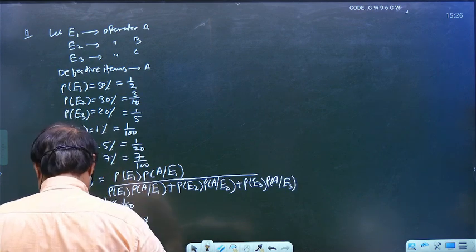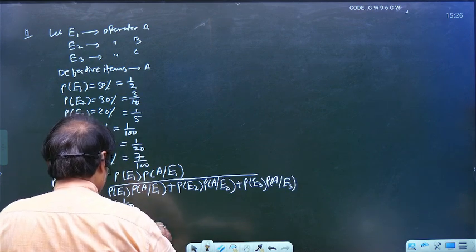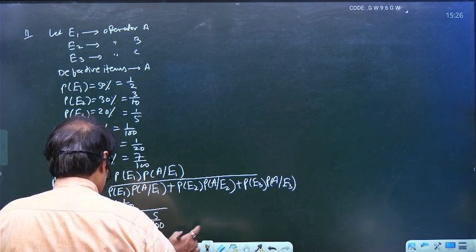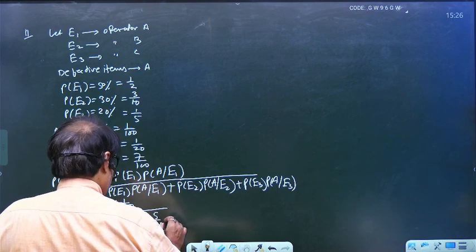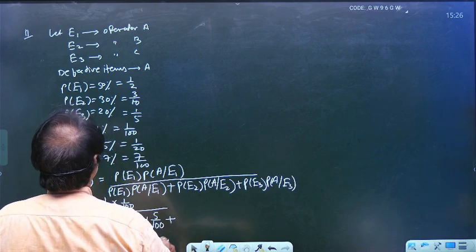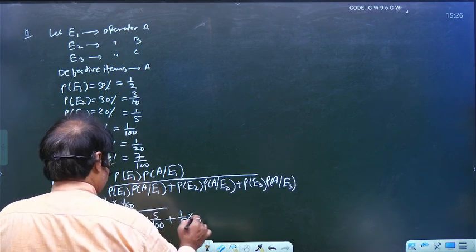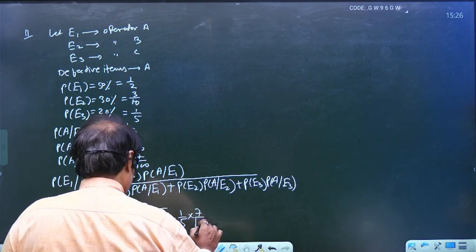A by E2 is 5 by 100, 5%. So 5 by 100, calculation will be easy. And then plus E3 is 1 by 5, and A by E3 is 7 by 100. Okay.